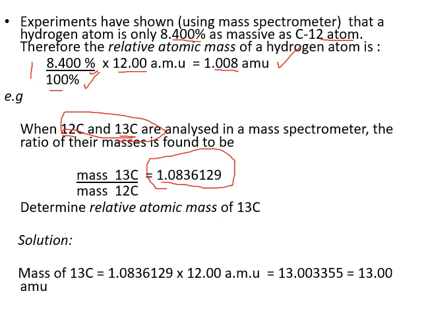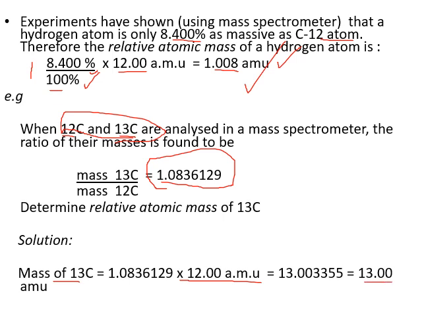So how do you do it? If you put 13 over 12, you get a ratio of 1.083619. That will be times 12 AMU, atomic mass unit for carbon. So you got 13.003355, which is equivalent to 13 AMU.